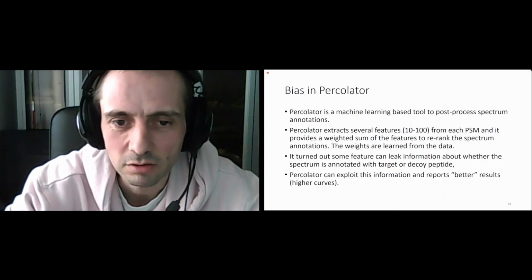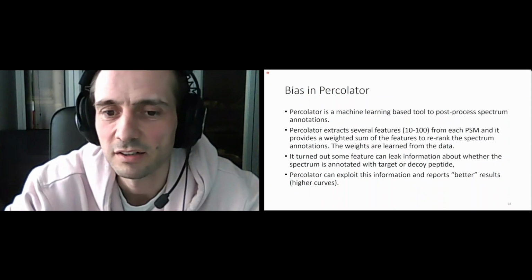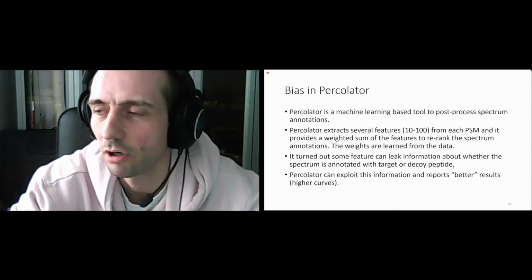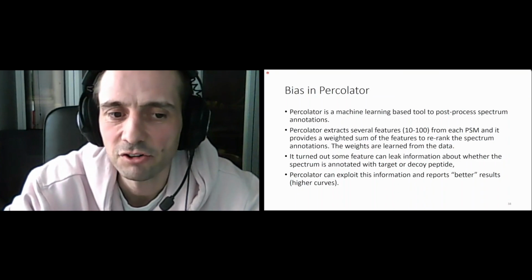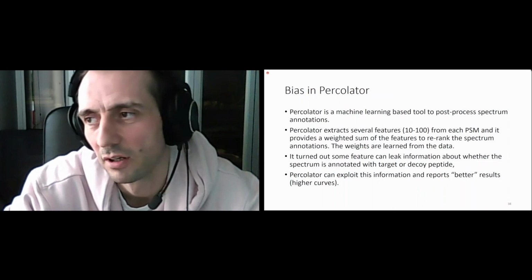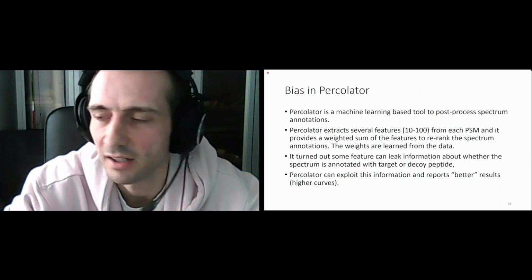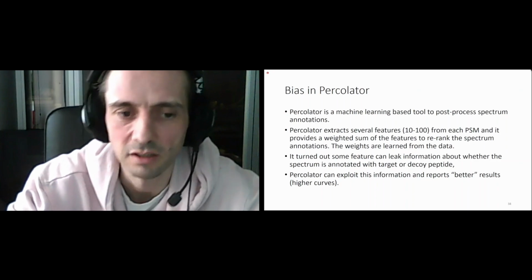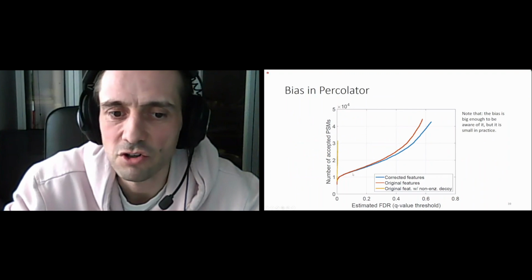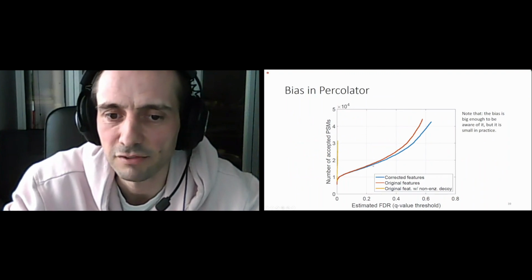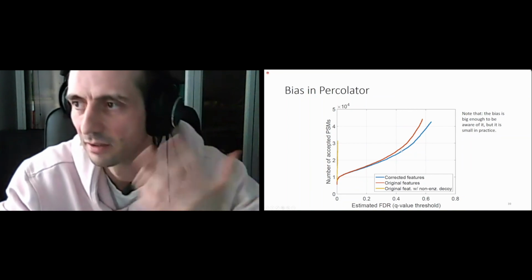So it turned out that some of the features can leak information whether this spectrum is annotated to a target or decoy peptide. And then it turned out this Percolator exploited this information and provided better results than it should have. So we corrected these features, and it looks like if you correct the features, then Percolator isn't performing that well.